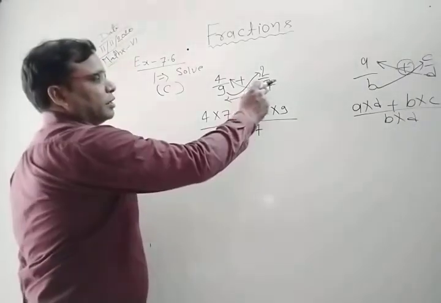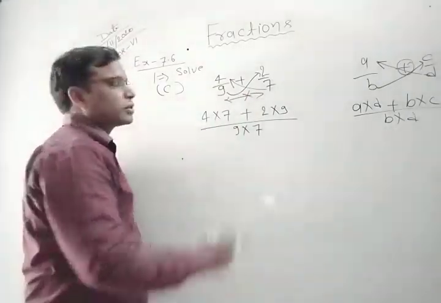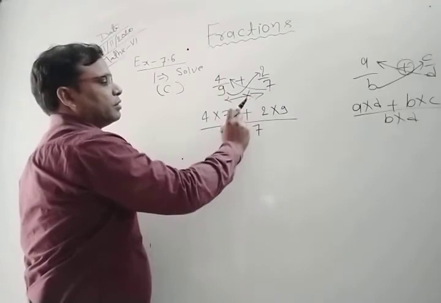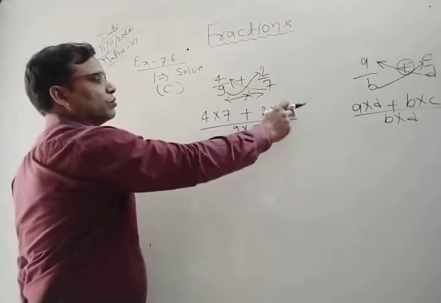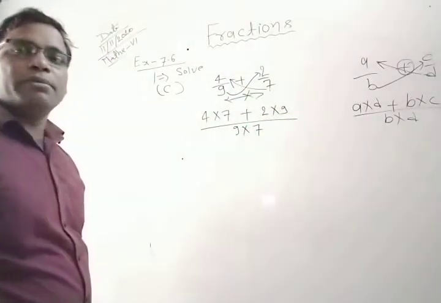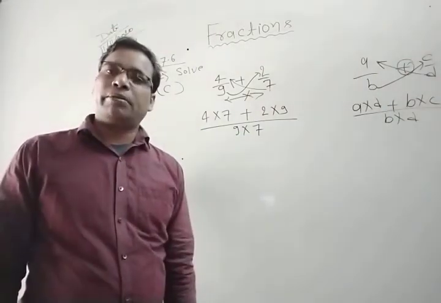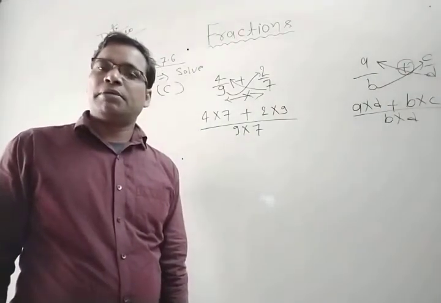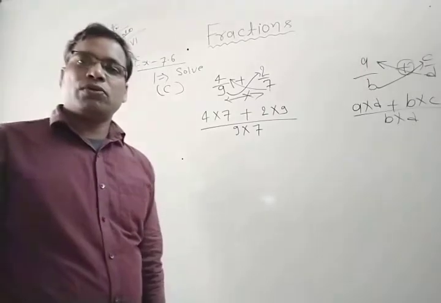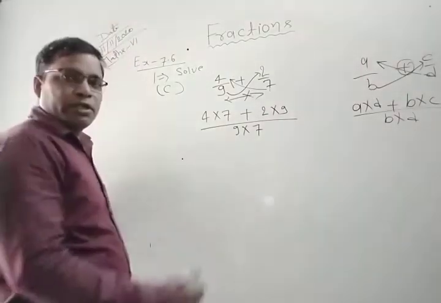So here 4 into 7 plus 9 into 2, or you can say 2 into 9, because multiplication holds the commutative law. What is the commutative law?